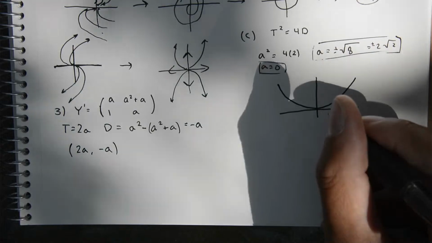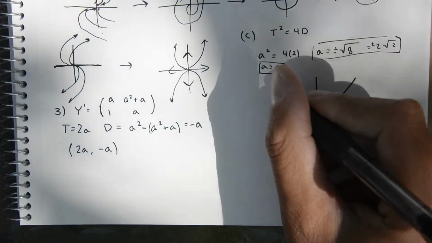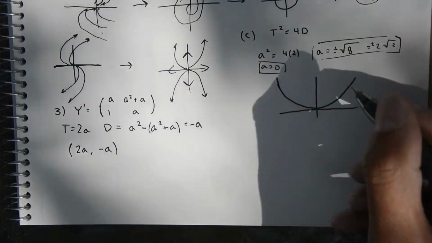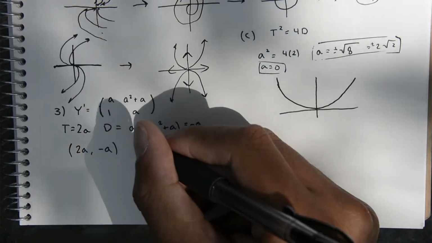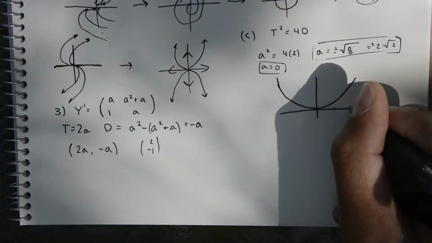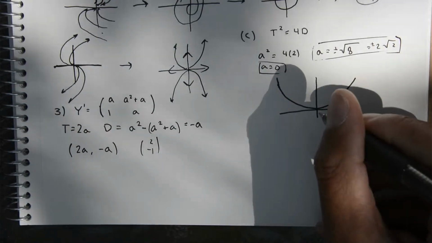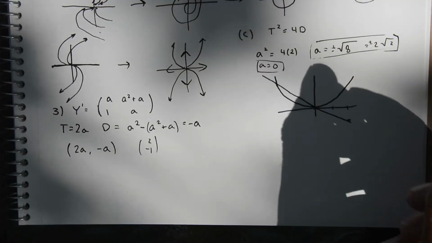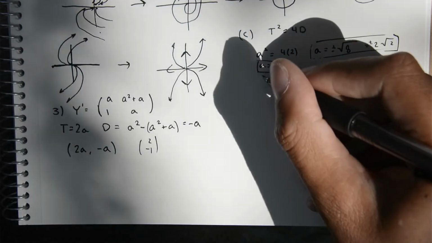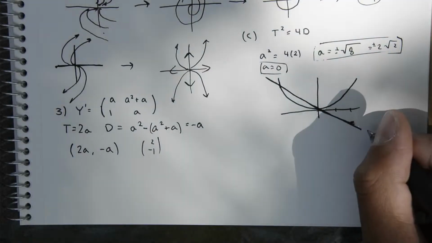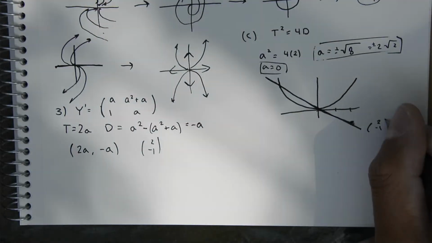So is that not going to be just the vector 2, minus 1? So if we went 1, 2, minus 1, draw this line. So I think that's the curve. This is the 2 minus 1 curve.